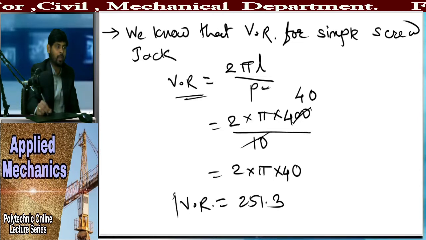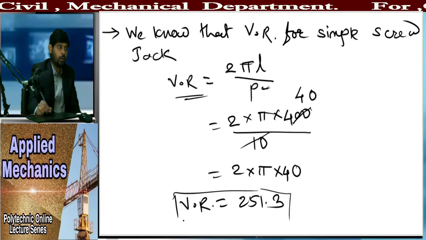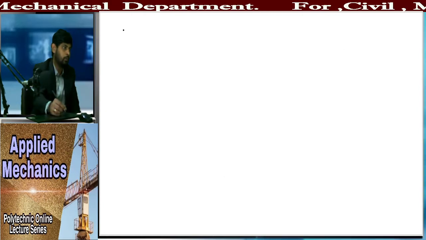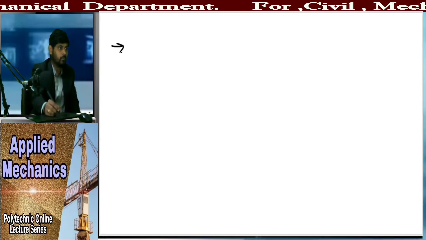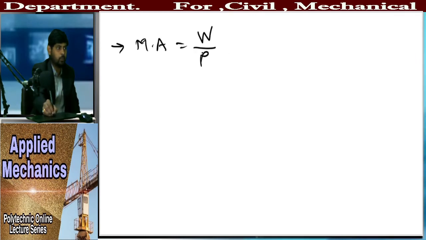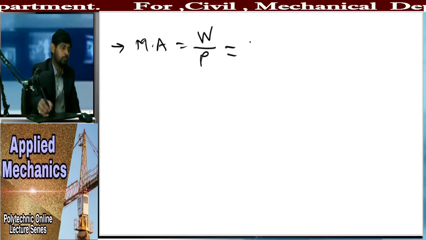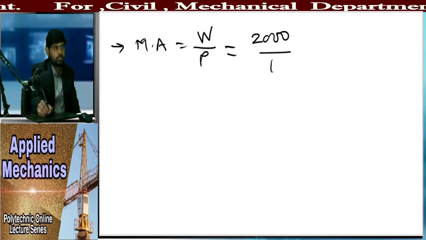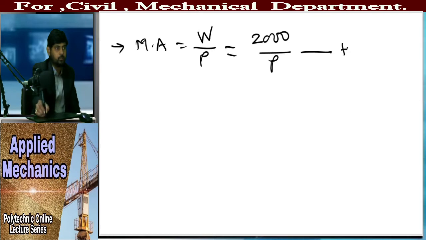Once you find the velocity ratio, the second thing you have to do is find the mechanical advantage, which is nothing but W upon P. We know the value of W, that is 2000, divided by P. So this is the equation.